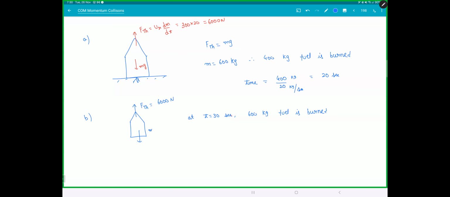That means the mass left over is 400, so the weight is 4000 newtons. Acceleration is (6000 minus 4000) divided by 400, which is 5. This is the reason, once the fuel gets over, they start emptying the tanks, disconnecting all the fuel tanks. You want to reduce the mass of the rocket as much as possible.